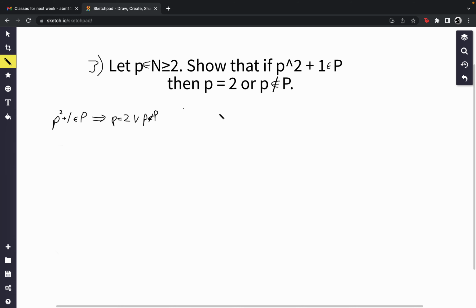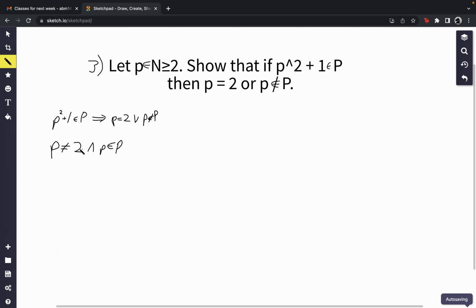So if we wanted to do the contrapositive, we're going to flip these around and then reverse them. So we're going to say p is not 2 and p is prime, which is already a much simpler statement to understand.